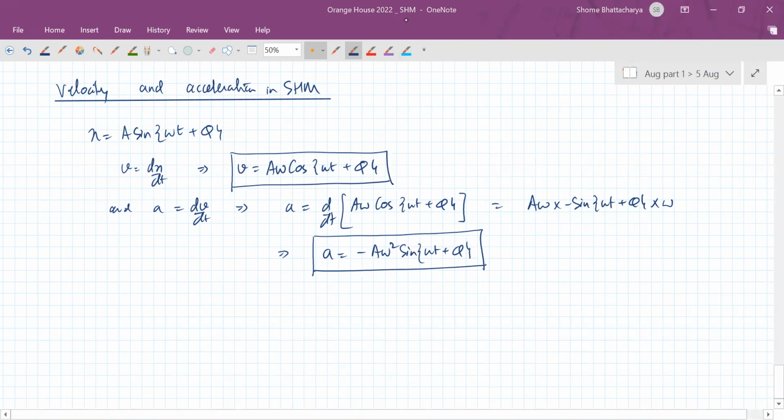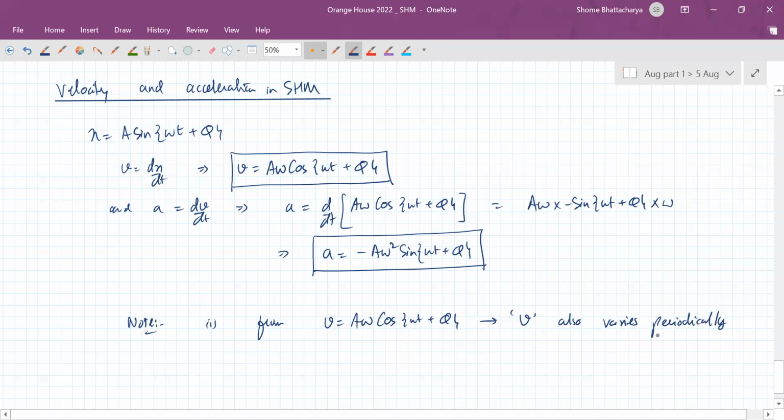Now we can see in the equation that velocity also varies periodically.